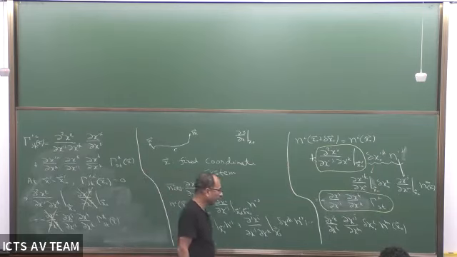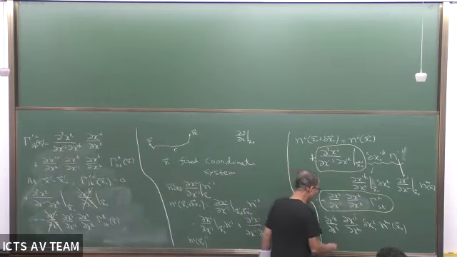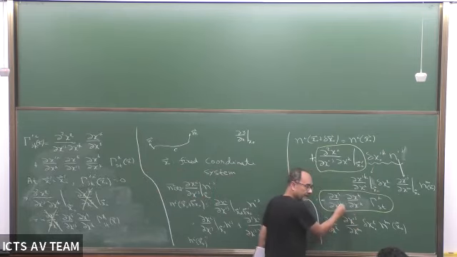So now you can actually simplify it further, because by the chain rule, this combination is a derivative with respect to x prime, and then again the derivative of x prime with respect to x^m.